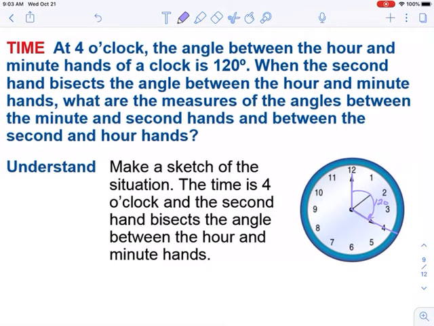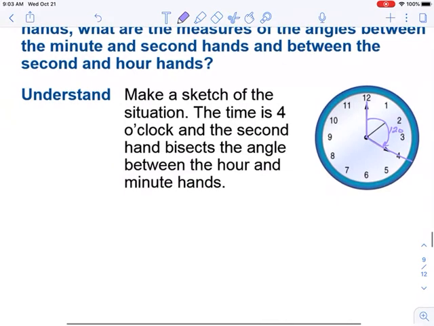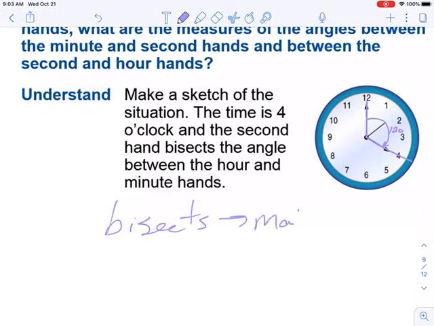When the second hand bisects the angle between the hour and minute hands, what's the measure of the angles in between? Bisects makes two equal parts.